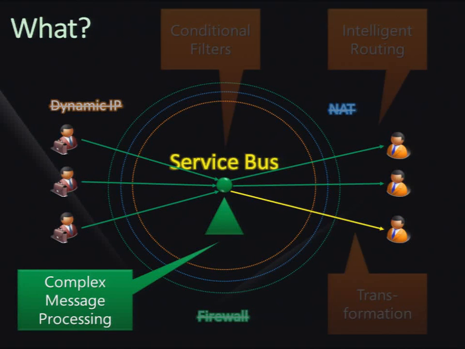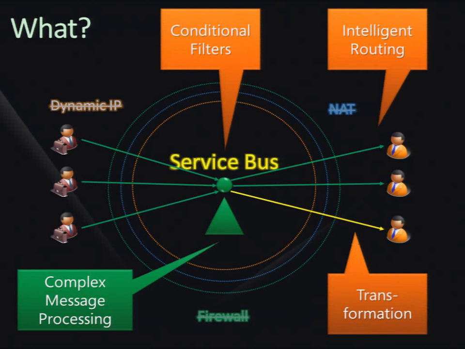Also, something that we aspire to do is complex message processing. Complex message processing means really content-based routing, transforms, filter, enrichment, reduction of messages, really going the extra step and making the message processing more intelligent up in the cloud.